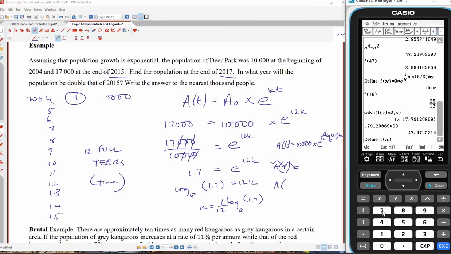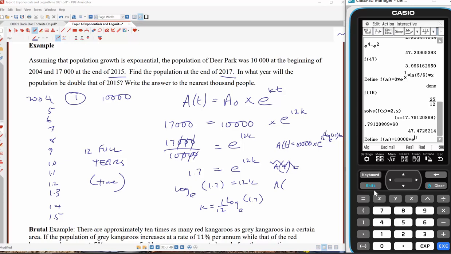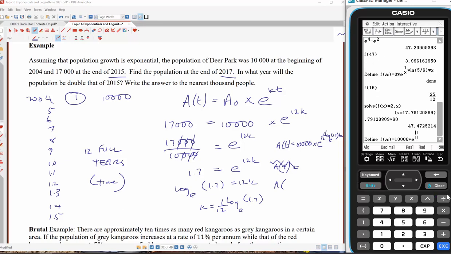Shift 7 equals 10,000 times shift e to the shift divide for the 1/12 times shift 5 for the ln x.